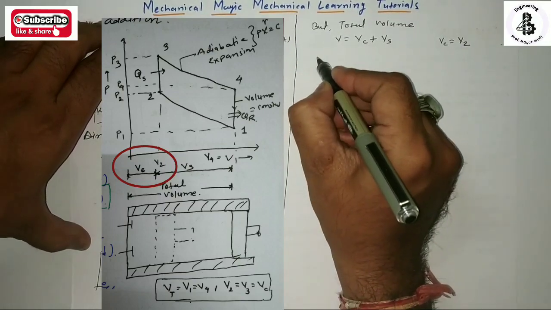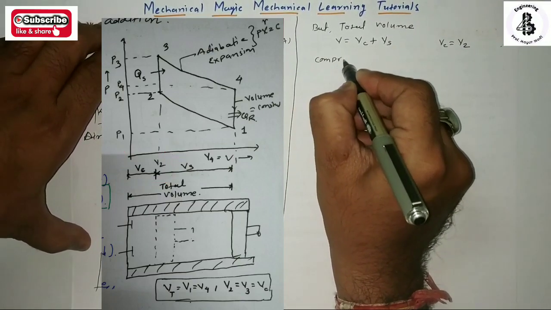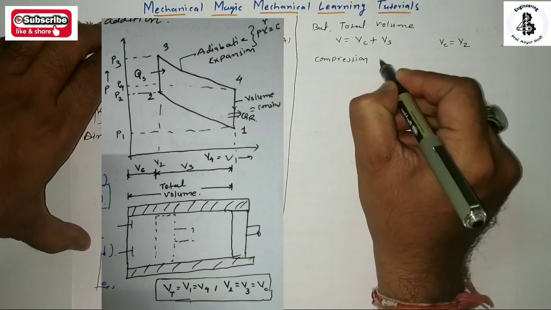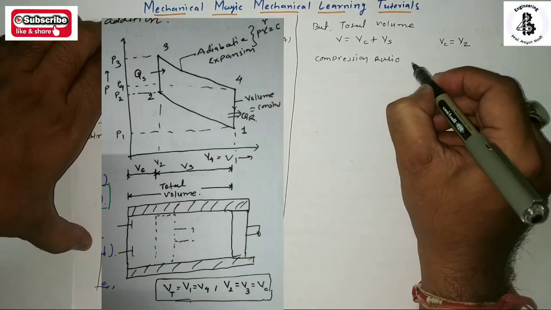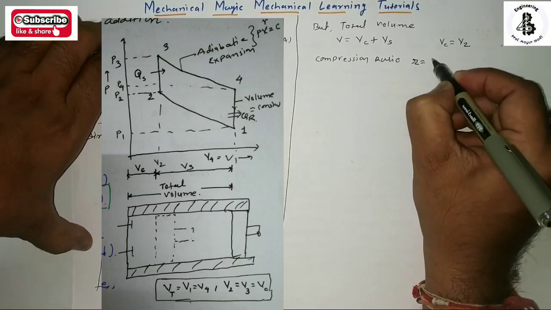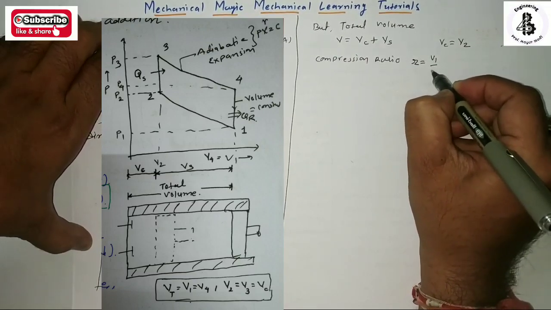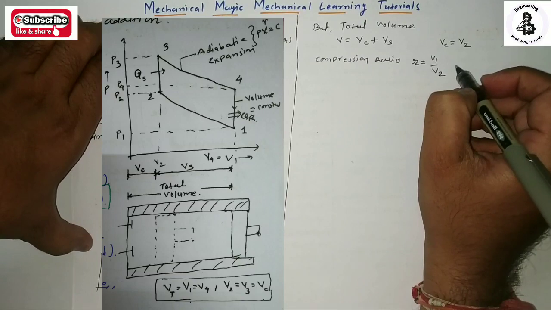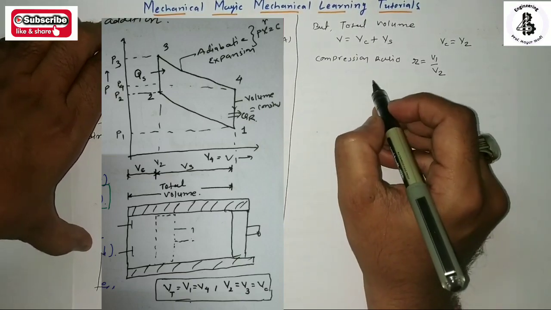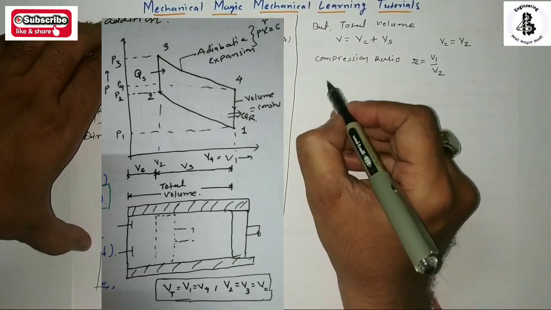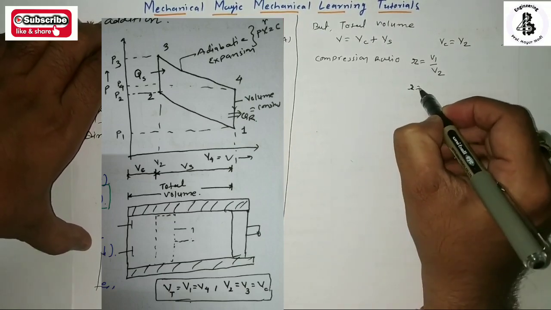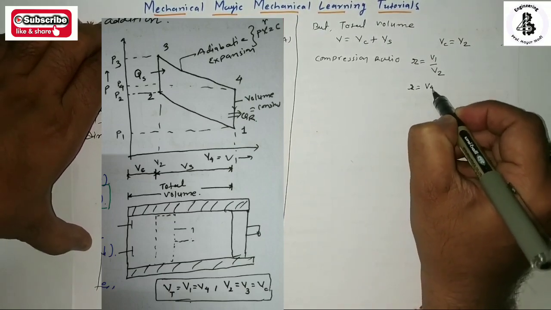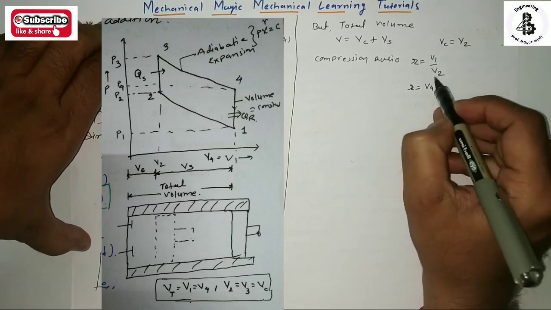From the compression ratio, which is represented as R, R is V1 upon V2. For the next process, R is equal to V4 upon V3.